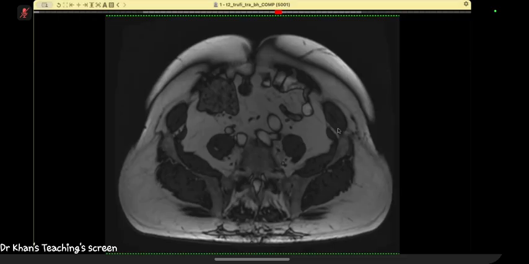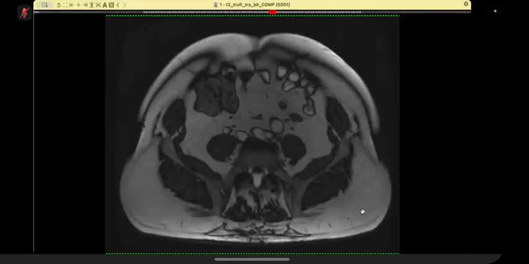Still not able to do it. Can you scroll for me?